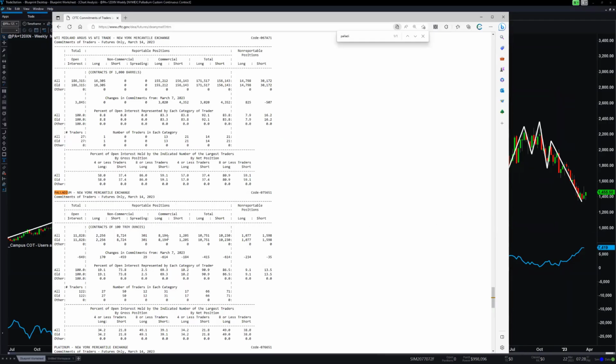So we could now look at the commercials, the longs versus the shorts as of March 14th, but the report as of March 14th is probably not yet baked into this indicator right here, because there is a delay between when that data is reported and when it flows into the indicator. There's always going to be roughly a week delay, or maybe more.